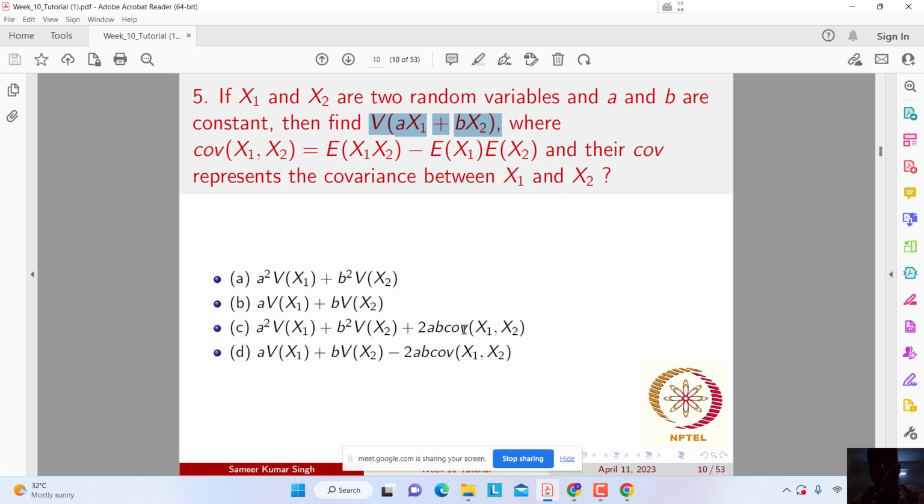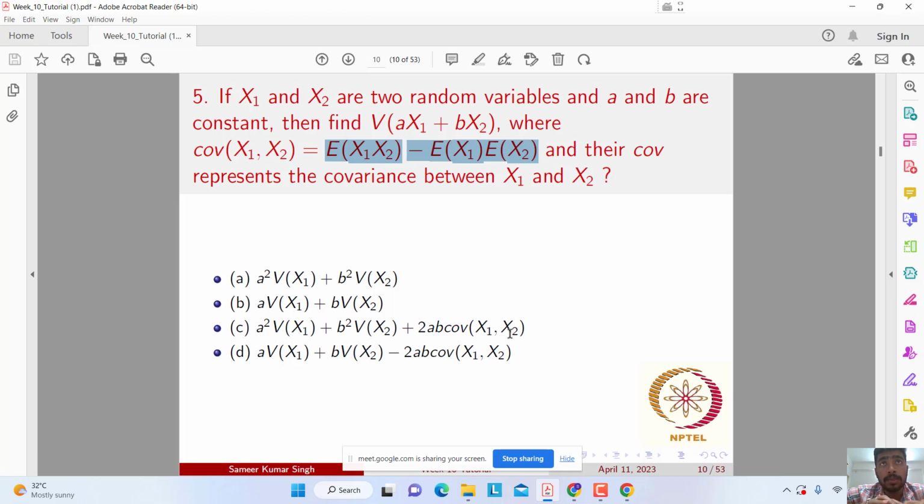Can you define why it comes? What is its role? Whenever you derive it, you get that term in the formula, so we can write that term in the form of covariance, COV of x1 comma x2.